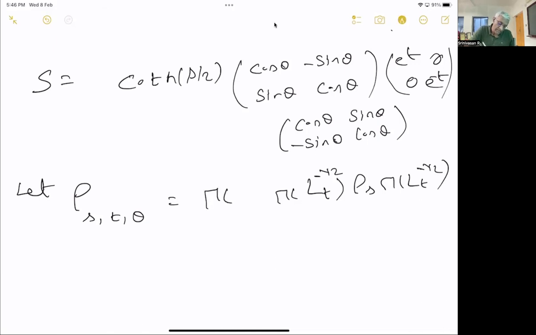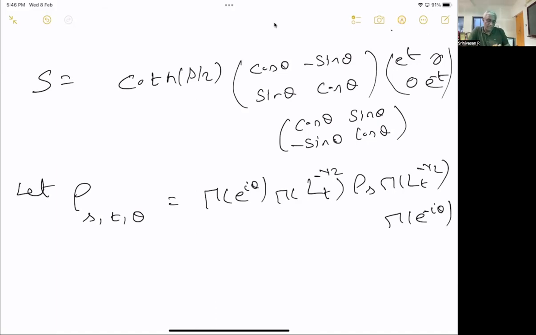Then gamma of e power I theta, which is just the rotation. E power I theta as a complex matrix is just multiplication by e power I theta, which, if you write it as a 2 cross 2 matrix, is that matrix. Gamma of e power minus I theta. We take this.